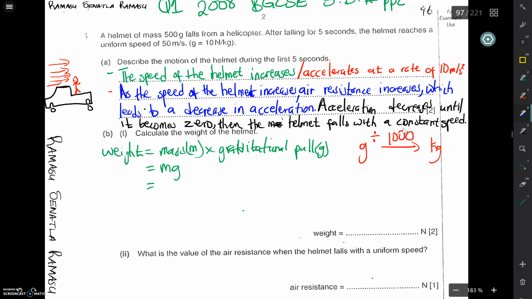But to convert from kilograms to grams, you multiply your kilograms by 1000. Right, so we have grams here, and we want to convert them to kilograms. So what we do is that we divide by 1000. So that's 500 divided by 1000 times g. g is given as 10 newtons per kilogram. So times 10, right?